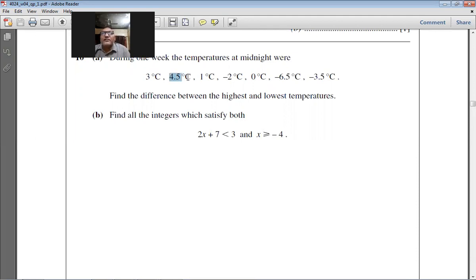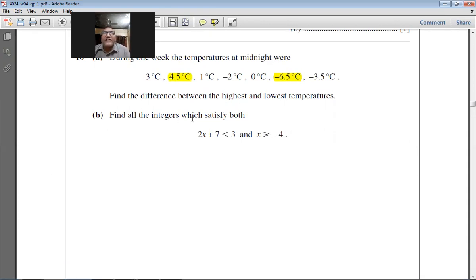The highest temperature is this, and the lowest temperature is this. So highest minus the lowest, that will be 4.5 minus minus 6.5. And that minus will become plus, so 4.5 plus 6.5, and that will be 11 degrees centigrade.